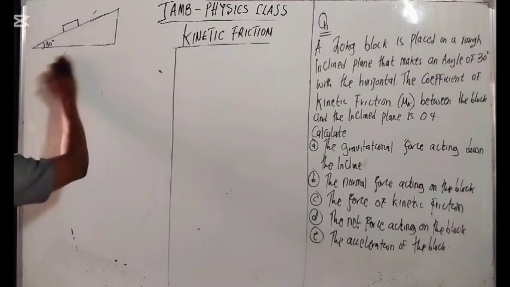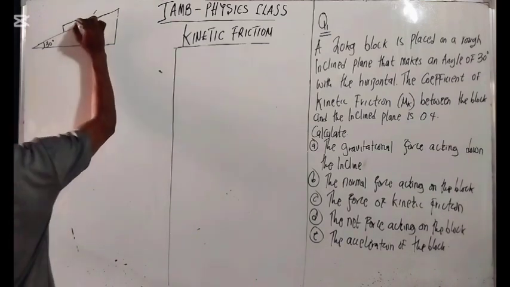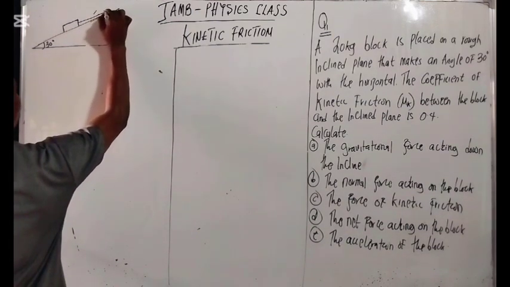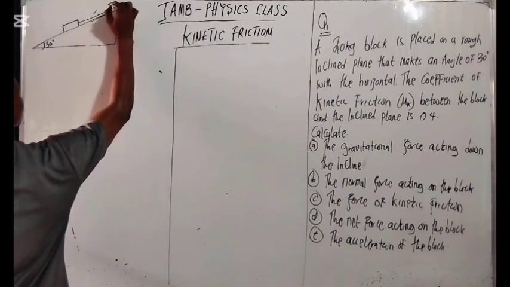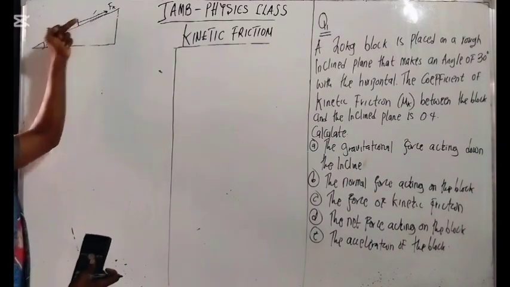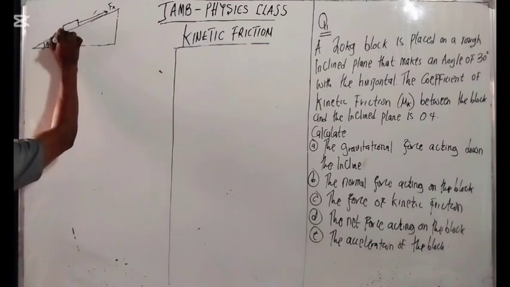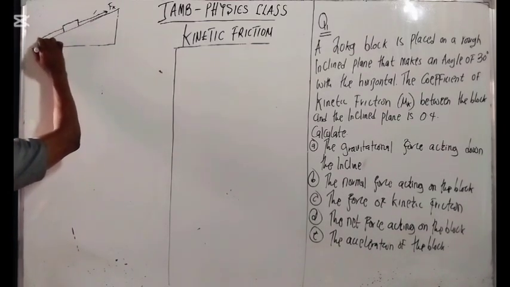Now remember I told you that on an inclined plane, you have the frictional force, which we call kinetic friction, acting oppositely. Then you have the gravitational force pulling it down.